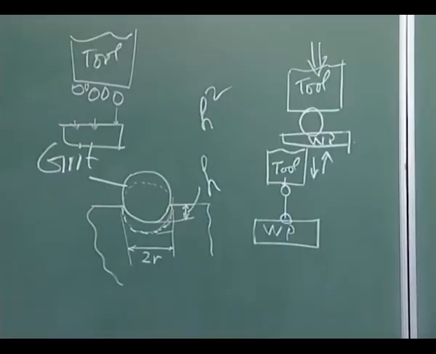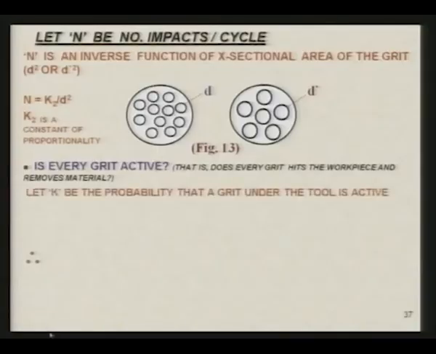So, let K be the probability that a particular grit under the tool is active, hitting the workpiece and removing the material.